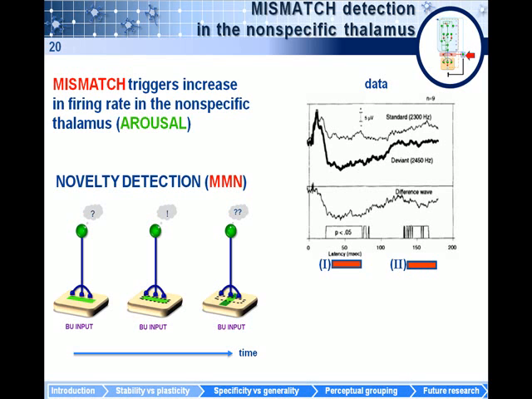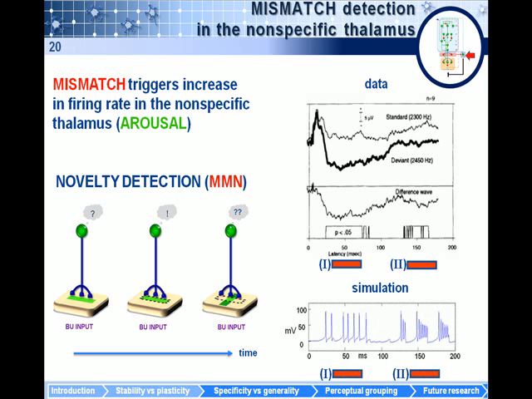So as you go through time, there will be more and more matching and more reduction of the activation of the non-specific thalamic nucleus, since this nucleus is sensitive to the amount of mismatch. But whenever you present a new stimulation, for instance, changing the intensity of the sound, then the nucleus will start to fire to capture this mismatch. And that's exactly what the data show, and we prove that our model qualitatively matches this data.